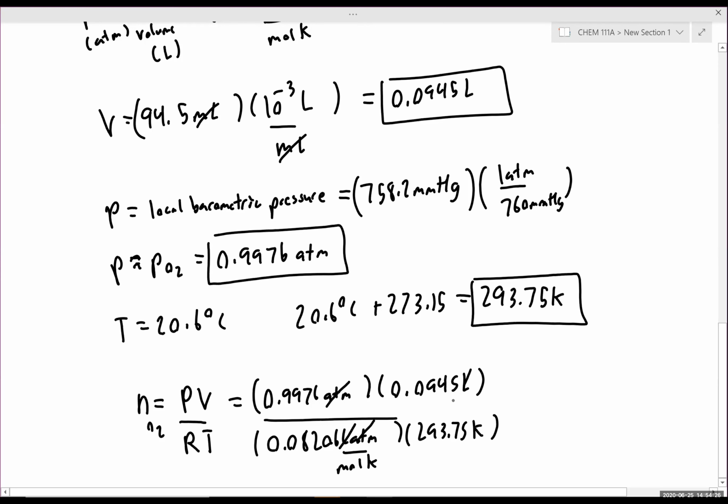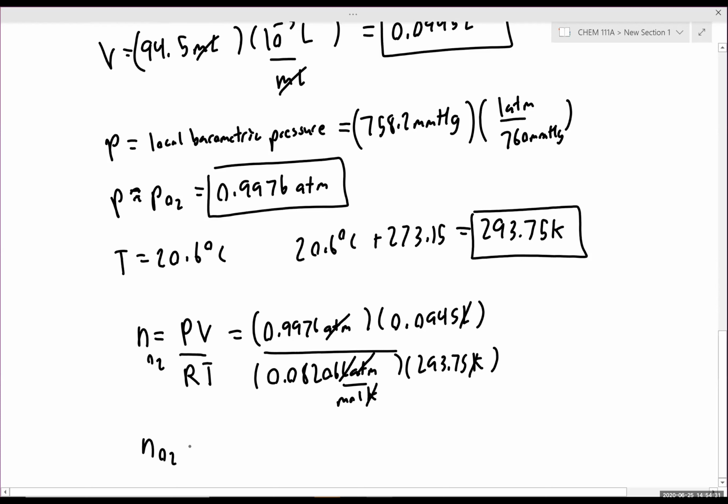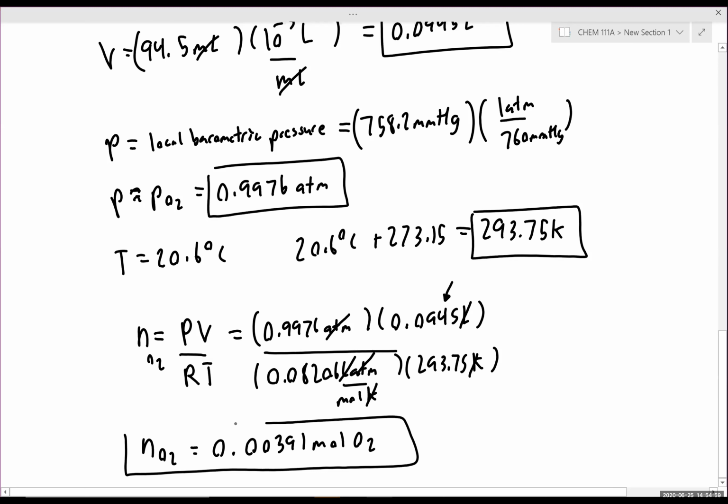Atmospheres cancel, liters cancel, Kelvins cancel. If we punch this into our calculator, the moles of oxygen are equal to 0.00391 moles of oxygen. We retain 3 sig figs because our volume has 3 sig figs.